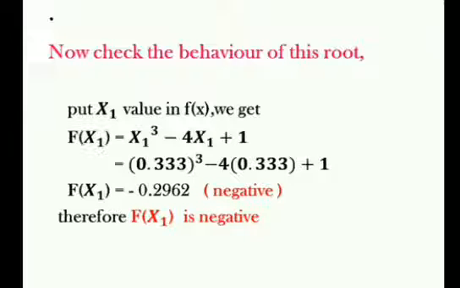So substituting, we get 0.333 whole cube minus 4 into 0.333 plus 1. Simplifying, we get f of x1 is equal to minus 0.2962. It is a negative sign, so we consider f of x1 to be negative.